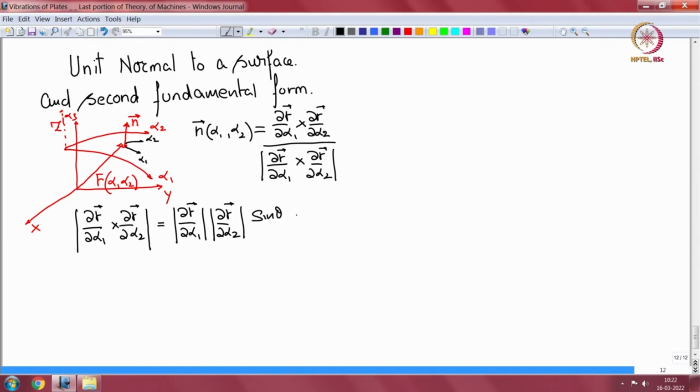Which is equal to a1 a2 sin theta. Okay, theta is 90 degrees. So this is what in terms of our original fundamental form E, F and G? This is square root of E G. Okay, sin theta. Let's keep it.